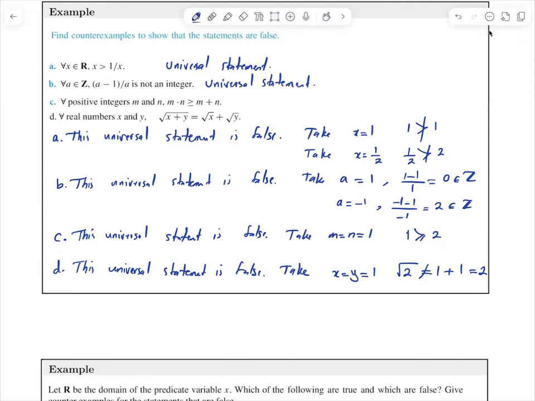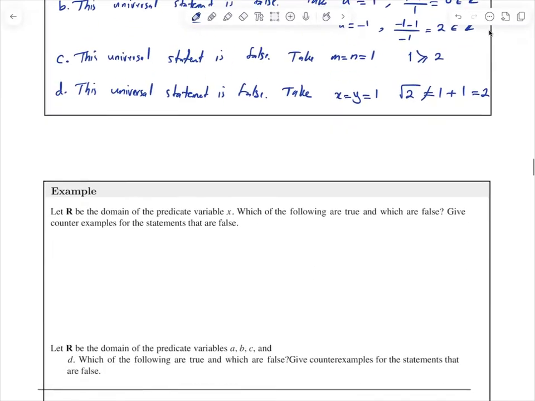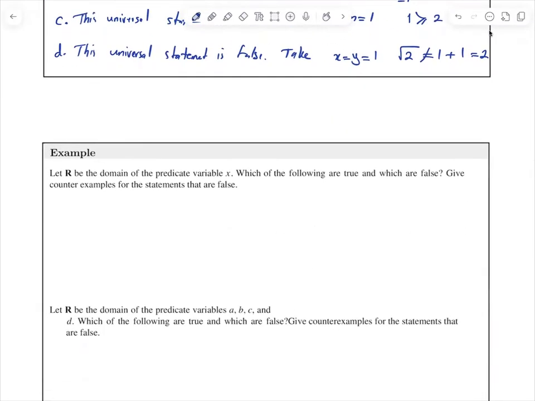Very well. Let's move on to another example. Let R be the domain of predicate variable x. So you have a predicate like p of x and you have a variable like x, and the domain is R, all real values. Which of the following are true and which ones are false?